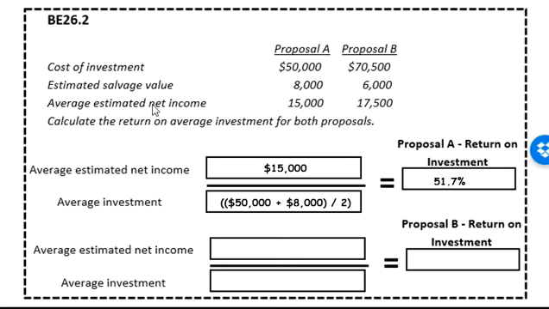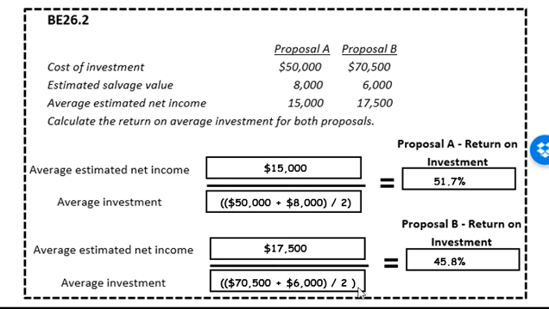Okay, now let's take a look at investment B. The average estimated net income, again, accounting income for investment B is $17,500, so we include that as a numerator. The denominator is our average investment, so it's going to be the cost of our investment of $70,500 plus our $6,000 estimated salvage value, that of course divided by 2.